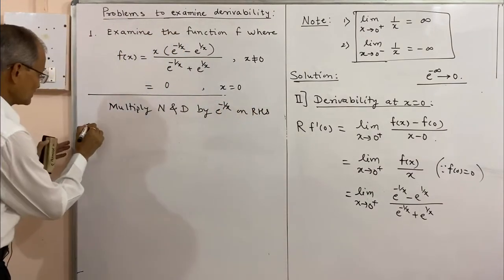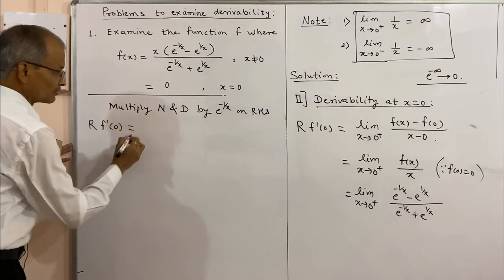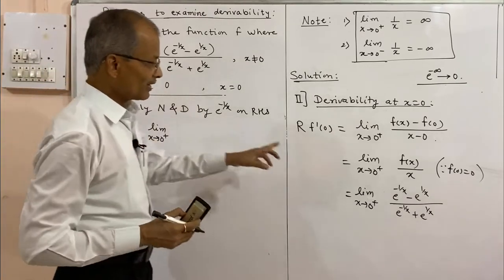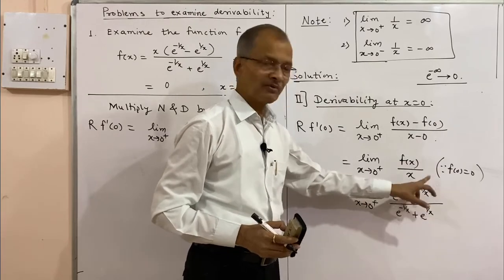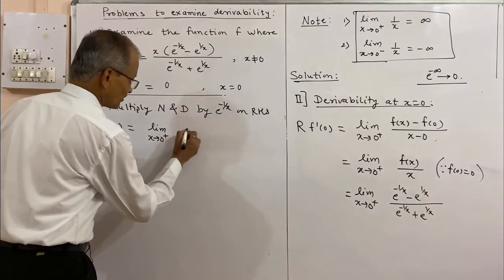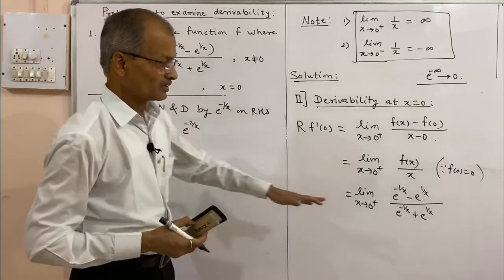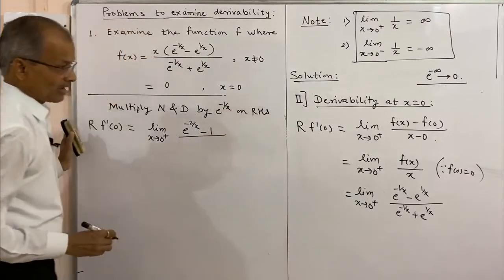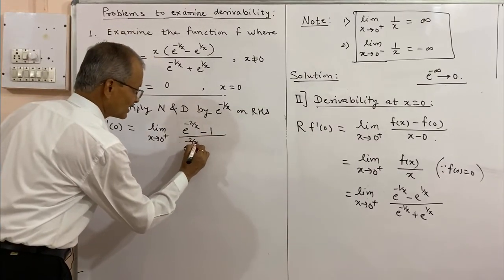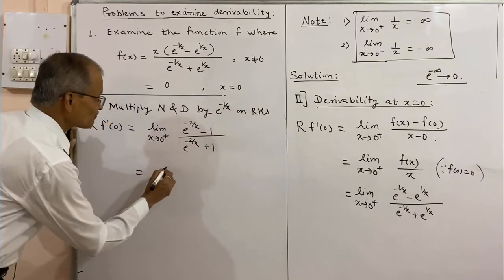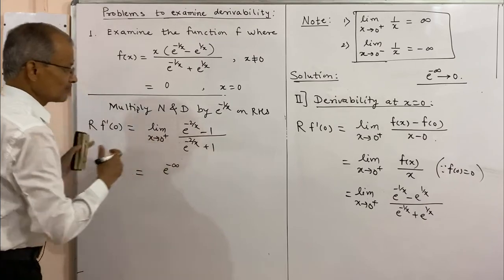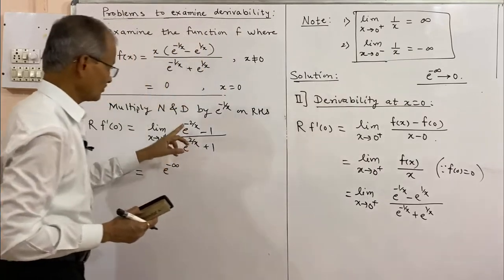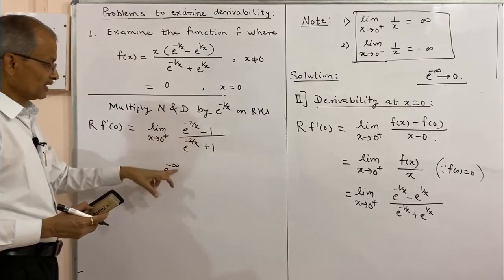And thus what we get is R f dash of 0 is equal to limit x tends to 0 from right. Now if you multiply by e raised to minus 1 by x, this term will be 1 and this will be e raised to minus 2 by x. Same steps are there, only x is absent here because we have divided by x. Minus, that is 1, and divided by e raised to minus 2 by x plus 1, and this is equal to e raised to minus infinity, because this is 1 by x, limit x tends to 0 from right is infinity, and minus is there, so 2 infinity is again infinity.